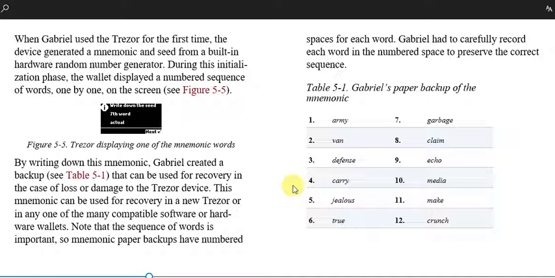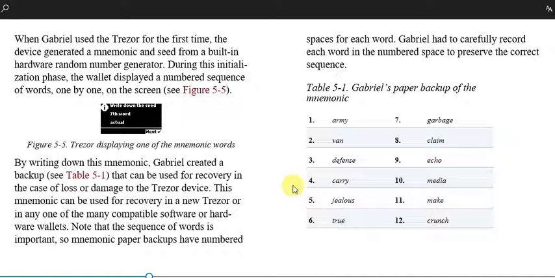Trezor displaying one of the mnemonic words. By writing down this mnemonic, Gabriel created a backup, see Table 5-1, that can be used for recovery in the case of loss or damage to the Trezor device. This mnemonic can be used for recovery in a new Trezor or in any one of the many compatible software or hardware wallets.